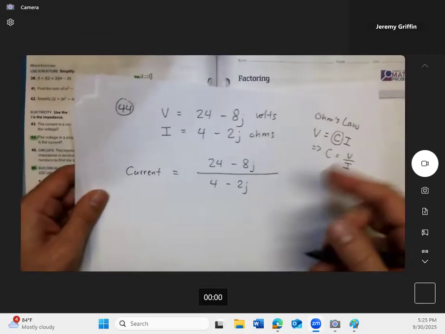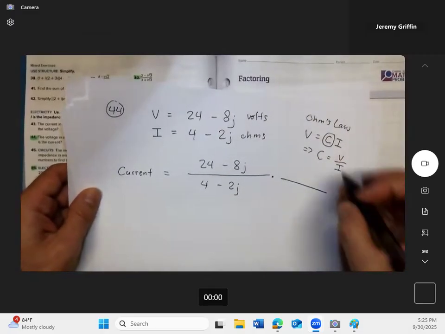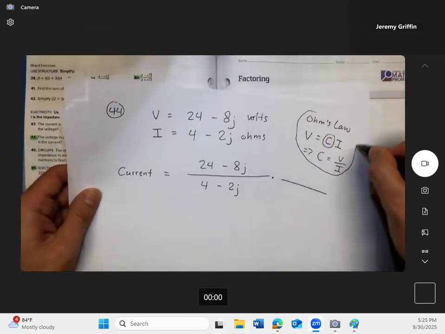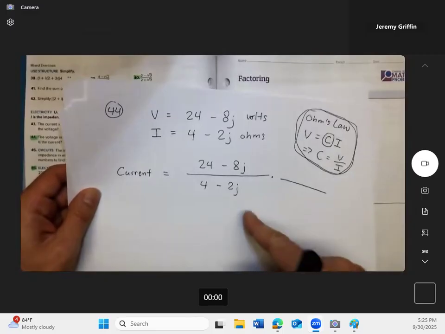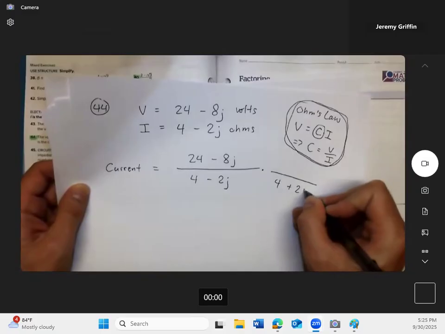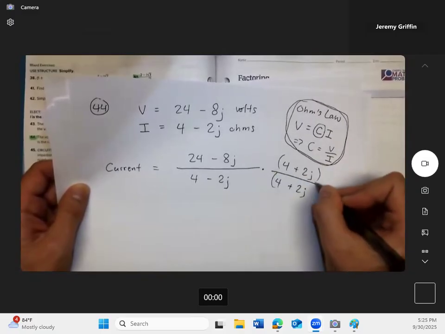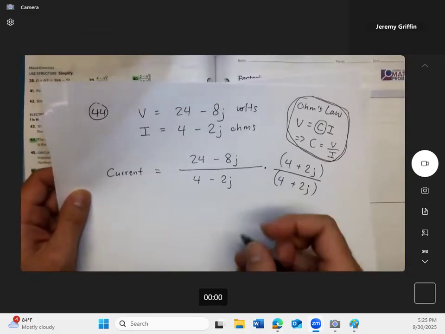And then let's do that process with the complex conjugate. Here, we're going to rotate this a little bit, get out of Ohm's law way. Complex conjugate to get the imaginaries out of the denominator. So like 4 plus 2j, 4 plus 2j. Right, we've done a few of these. I have to do a bunch of foiling here.